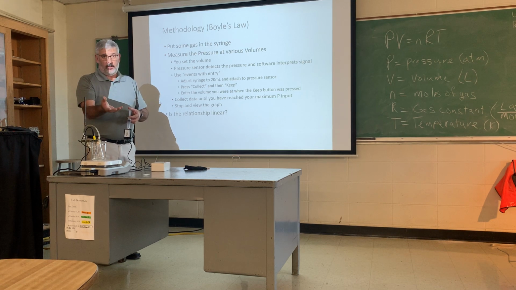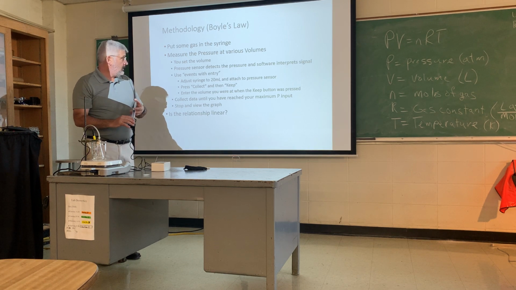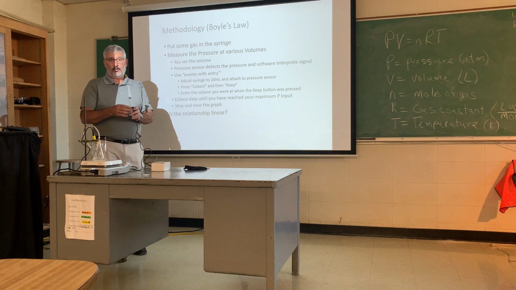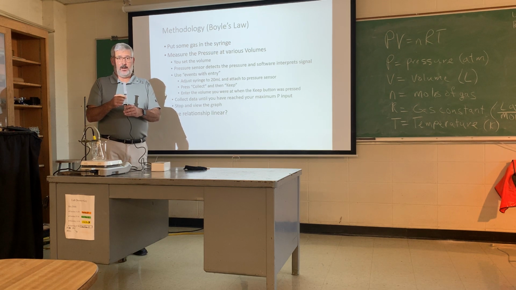And you'll observe that as I decrease the volume, then the pressure will rise in response to that. And so we'll collect that up to the point where the probe hits its pressure max. In other words, the pressure won't change anymore. Realistically, to about the 9 or 10 milliliter mark is plenty of data points.